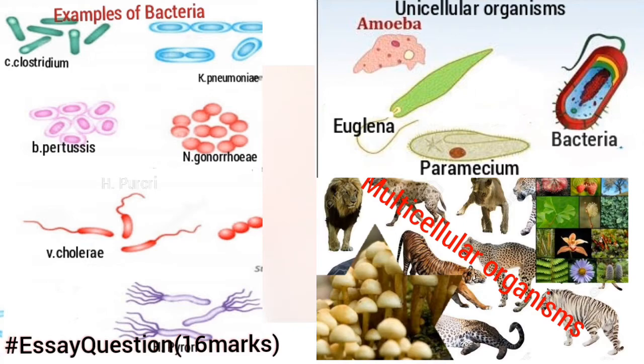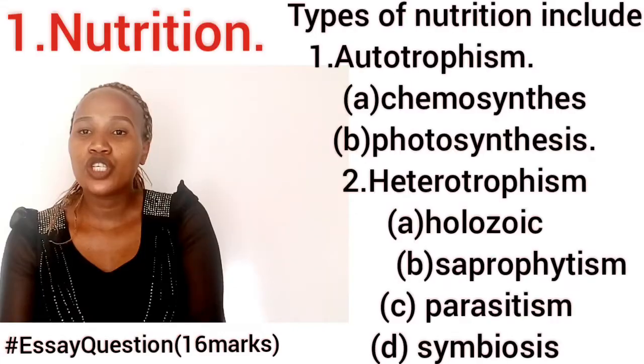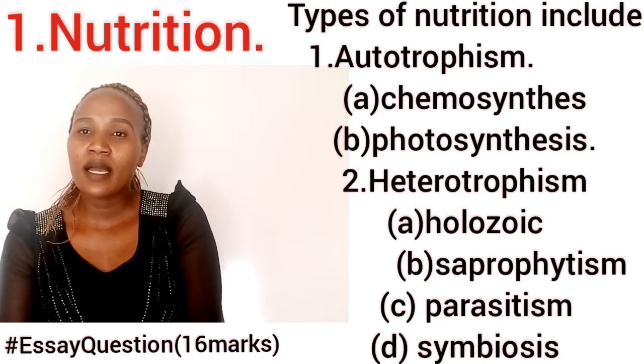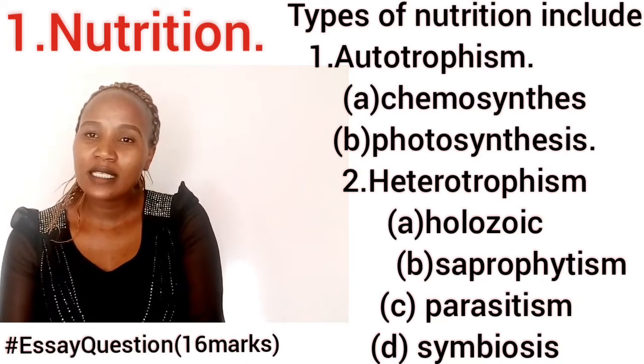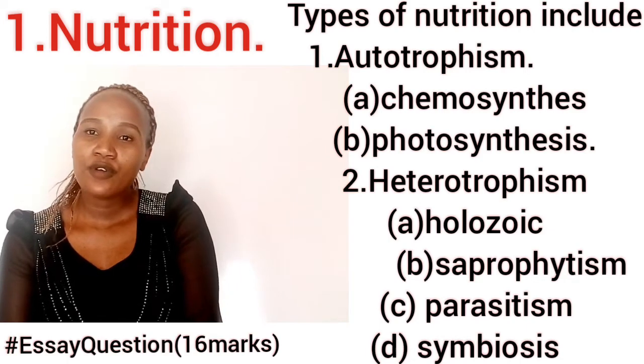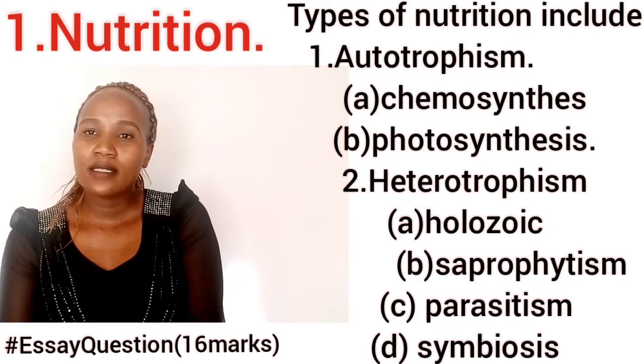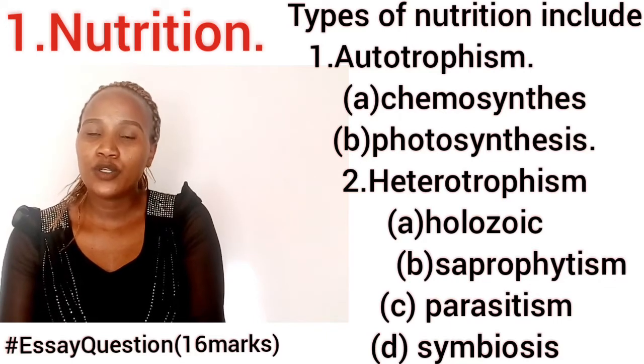And the first characteristic is nutrition. Nutrition is simply defined as the process by which an organism that has life acquires and utilizes food material.